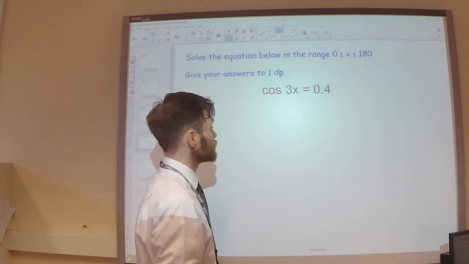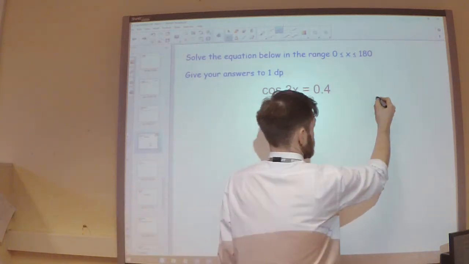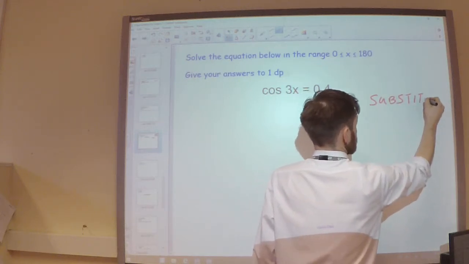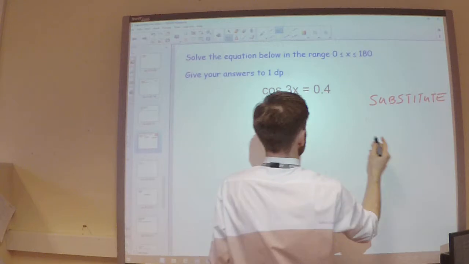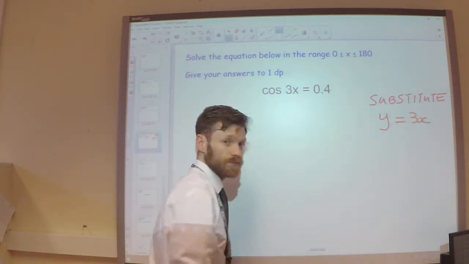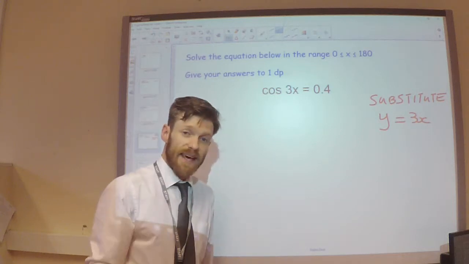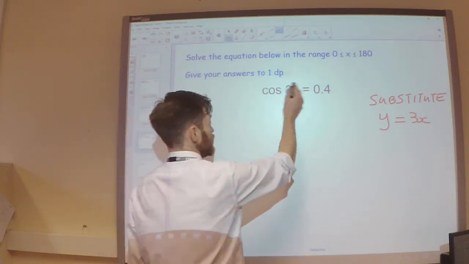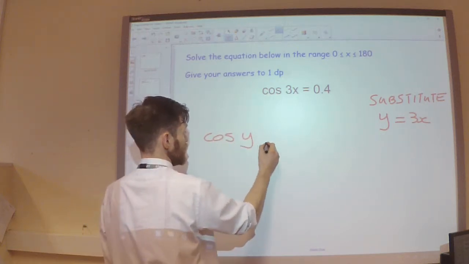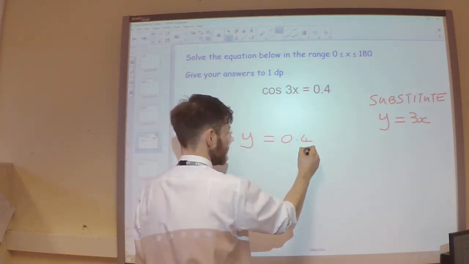So here's what I'm going to do. I am going to make a substitution. So I'm going to substitute y instead of the 3x. By doing that, that allows me to simplify this equation to be cos y is equal to 0.4.